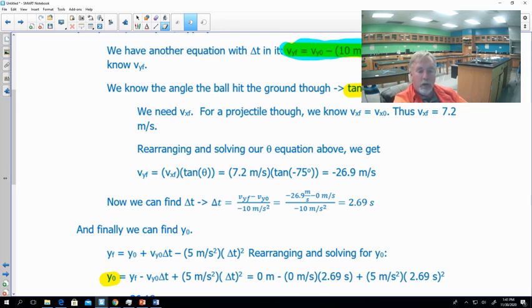There's a couple of different ways we can figure out time. So you might have to get a little creative sometimes to find how we're going to get that piece of information. But there's only so many ways you can do it. I think there's two. With one way you're going to see you don't have enough information, the other way you do.